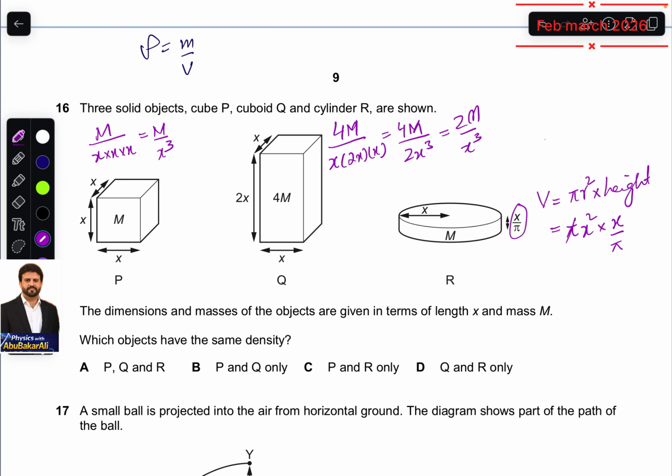So pi will cancel out with pi, and this will be x cubed. Density is mass over volume, so mass is m and volume is x cubed. If you see this and this, they are equal. So P and R, it's option C, that is correct.